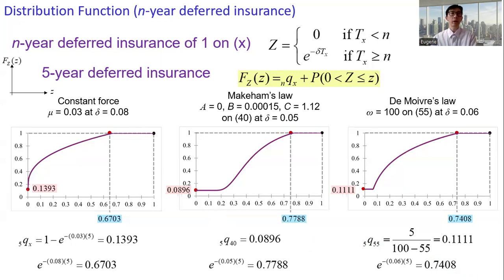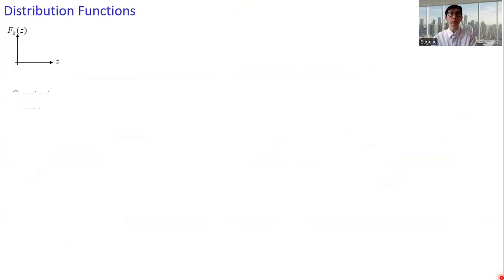All right, let's summarize what we have covered in this video. We covered the distribution functions. We assume 3 mortality laws: constant force of interest, Makeham's law, and De Moivre's law.